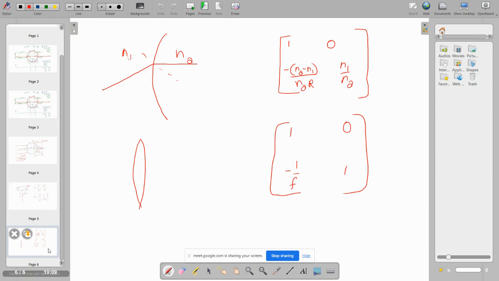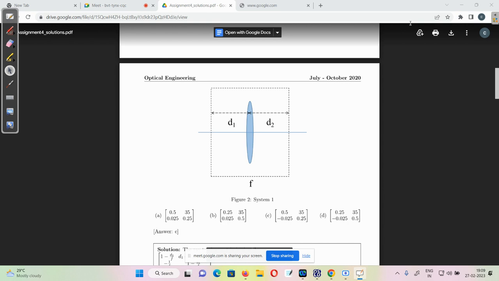And if you could solve these, then you can directly get this equation.